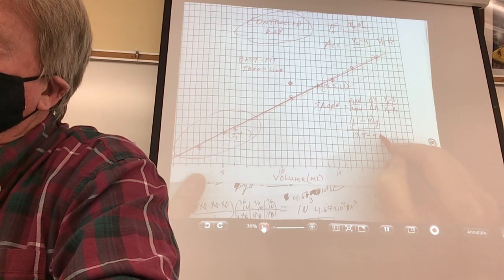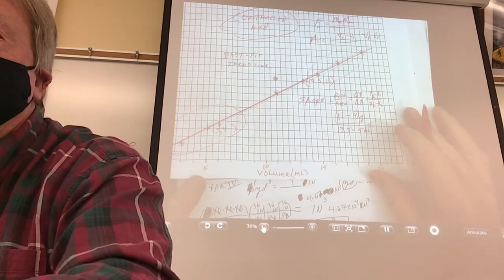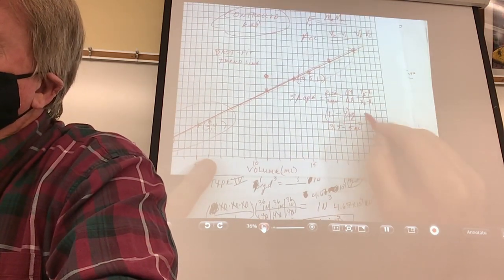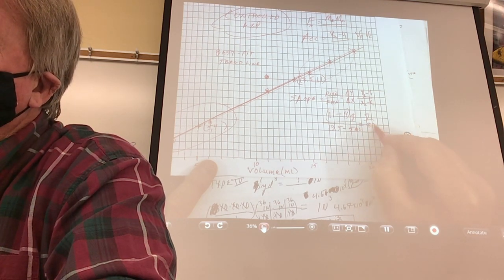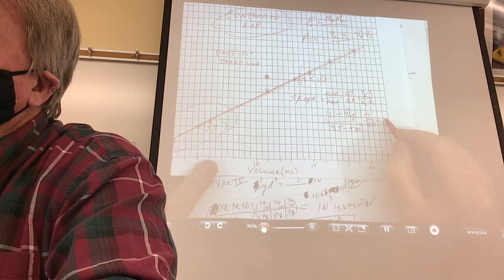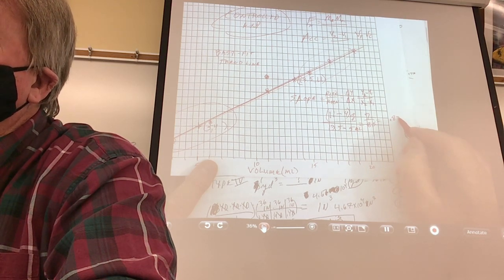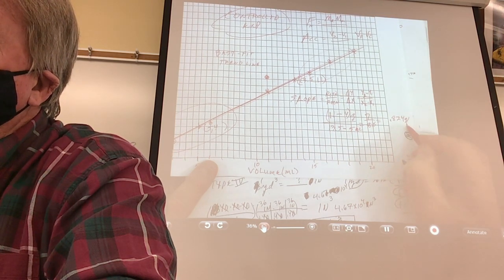And that's in milliliters. All right, so I need somebody who has a calculator. Avery, you ready? Give me 7 divided by 8.5. 0.8235. Okay. And it's in grams per milliliter.